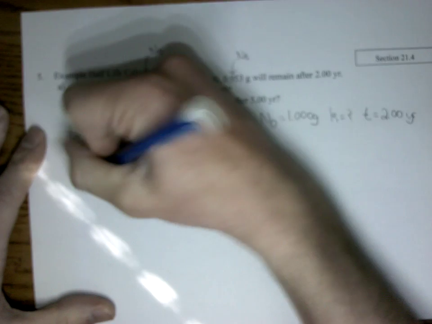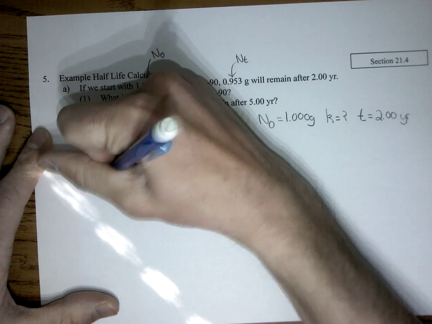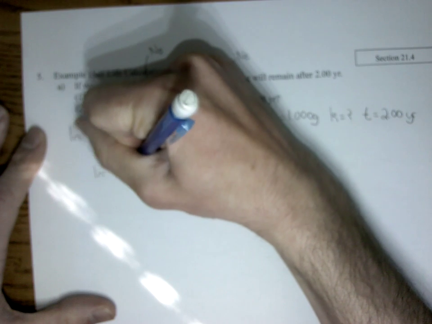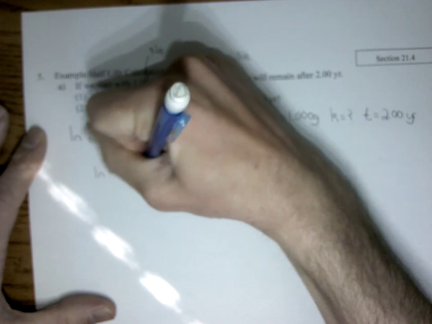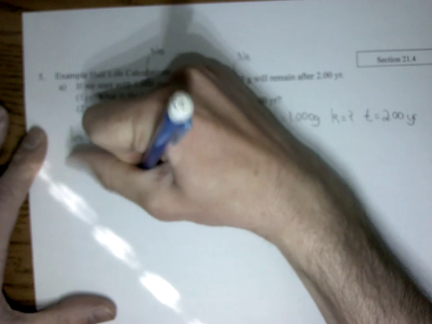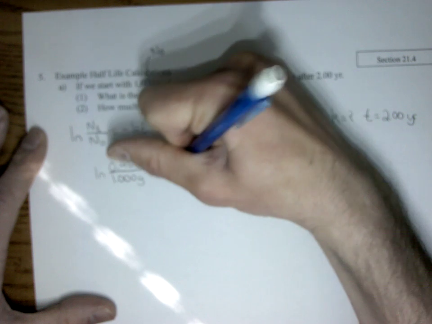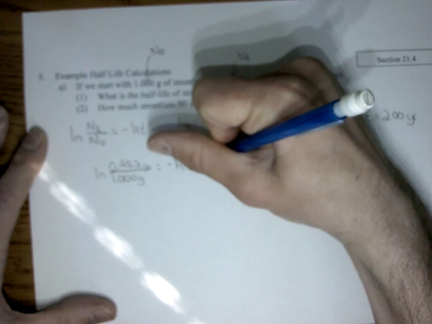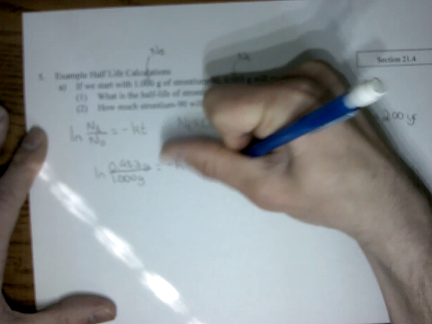So what I'm going to do here is I'm going to put this natural log of 0.953 grams divided by 1.000 grams equals our negative k. We do not know k, times 2.00 years.